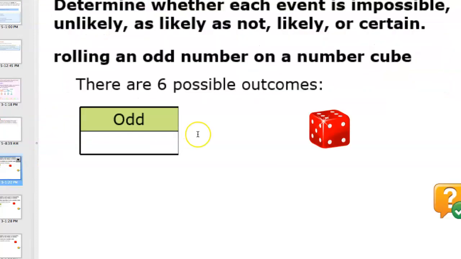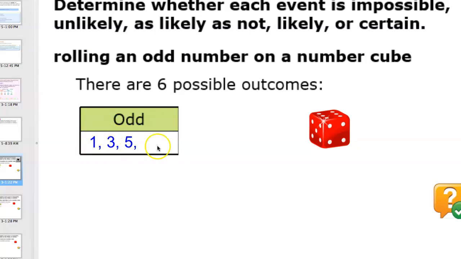So we're going to determine whether each event is impossible, unlikely, as likely as not, likely, or certain. Okay? So rolling an odd number on a cube. Well, let's talk about what the odd numbers are. 1 is an odd number. 2 is not. 3 is an odd number. 4 is not. 5 is an odd number.